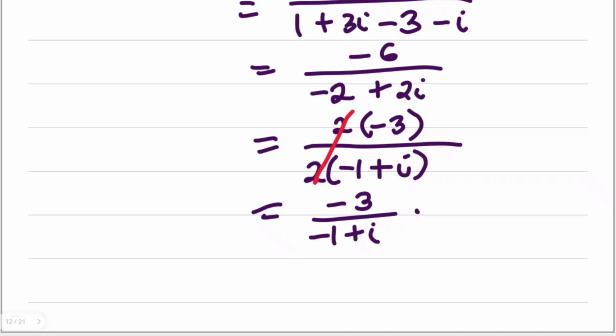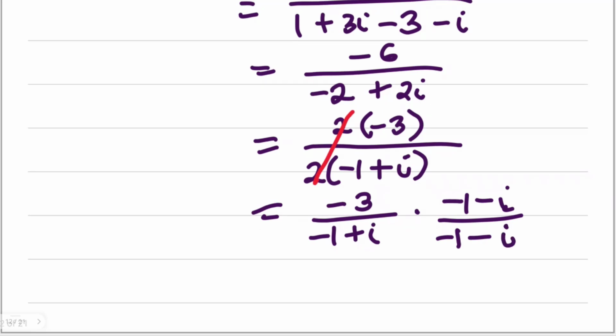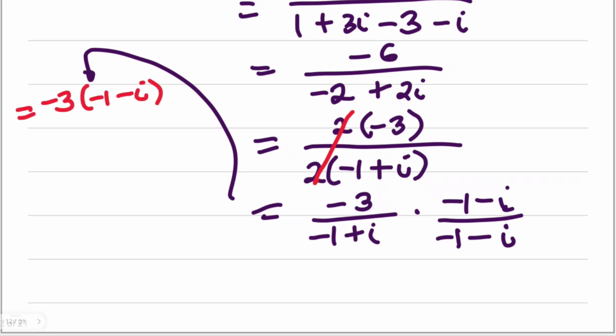So you multiply by negative 1 minus i over negative 1 minus i: same first term, same second term, but different operation. So you have negative 3 times (negative 1 minus i), all over your denominator, where you can use the difference of two squares: the square of negative 1 minus the square of i.